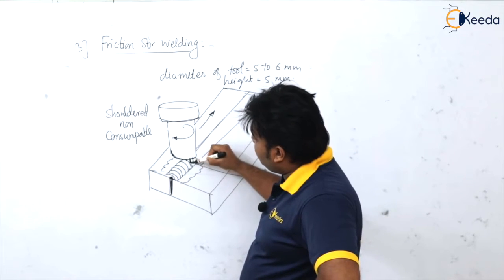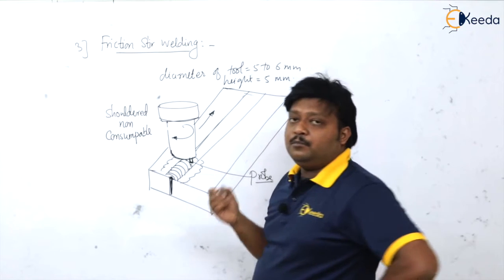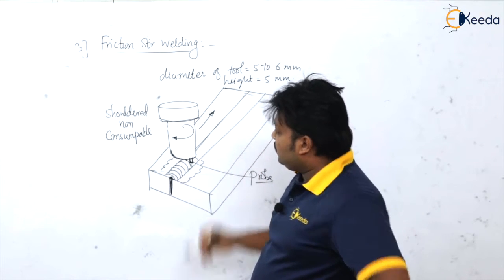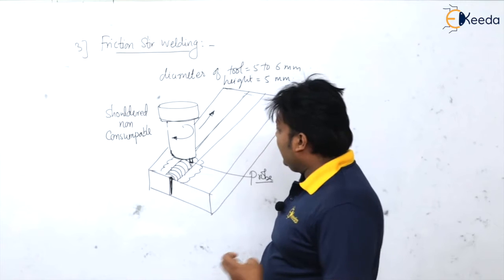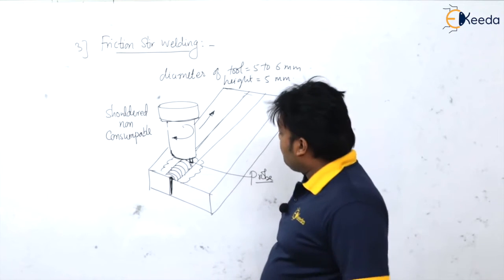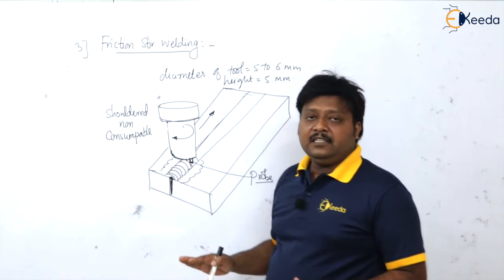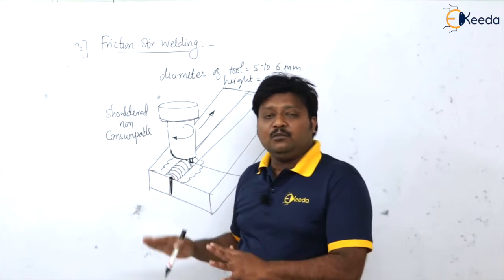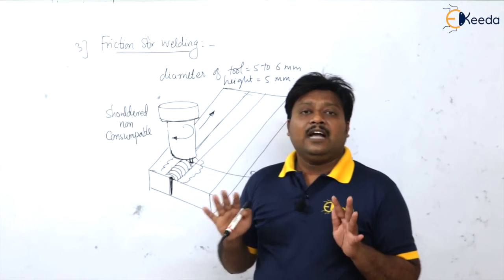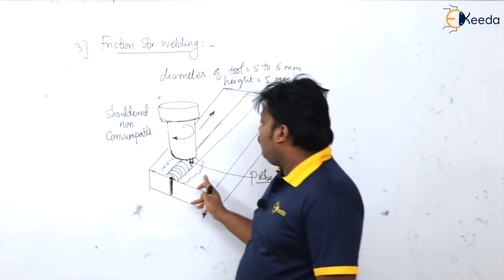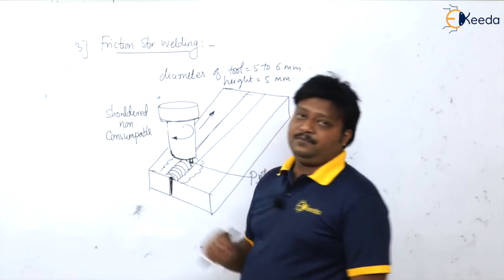At the end of the tool we have the probe, which provides the heat and also the stirring of the material. In friction stir welding, we use a third body for the rubbing action on the two joining surfaces.